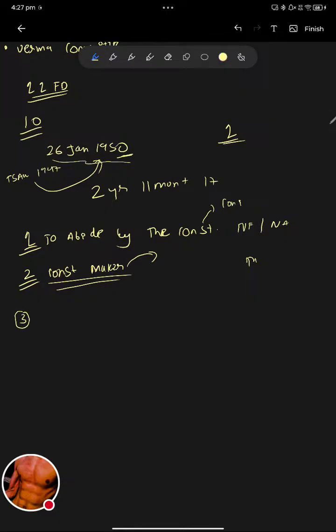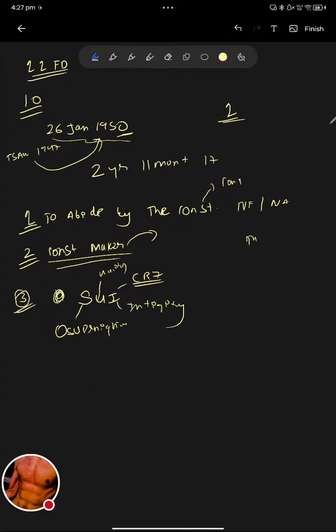Then third is sovereignty, unity, then integrity as a high moral value.